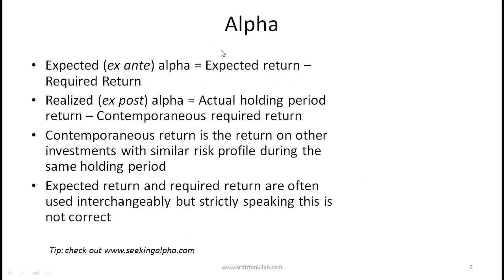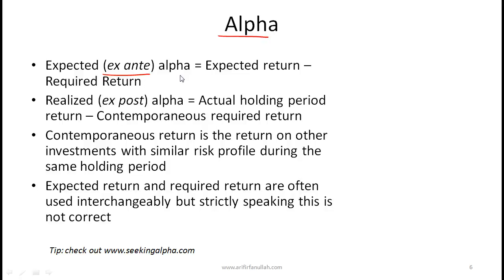Now the concept of alpha that we didn't quite talk about in level 1. The expected alpha, which is also called ex ante, and this term ex ante and ex post are used frequently in the investment world. I don't know if this is strictly speaking correct, but the way I remember this is the ex is in both places. Ante, the way I look at it, is what do you anticipate? So ex ante refers to what you are anticipating or expecting.